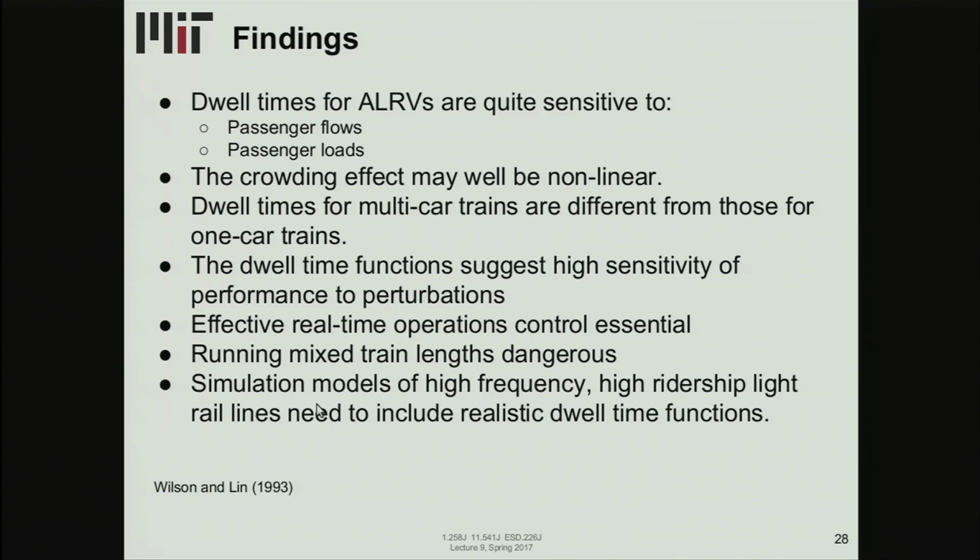And another recommendation is that simulation models of this kind of service should include sophisticated dwell time models, like the ones that were estimated here, to account for all those effects. Otherwise, you would have a simple model that is not very faithful to reality. And running mixed trains, running a mixed fleet, some one-car trains, some two-car trains, is dangerous.